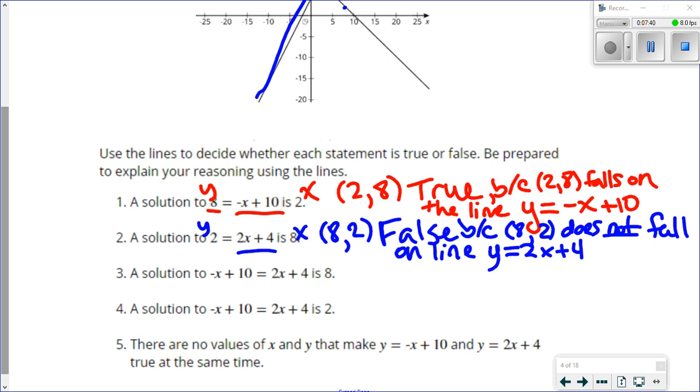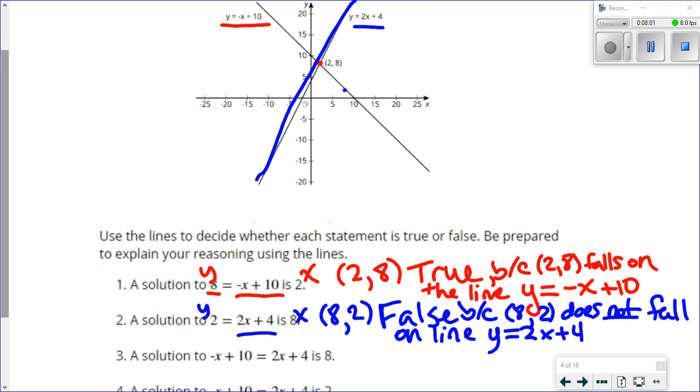So question 3 now is asking, is 8 a solution to both negative x plus 10 and 2x plus 4? Since they set the two equations equal to each other, that means it must hold true. X must be 8 for both. So let's take a look at that concept.